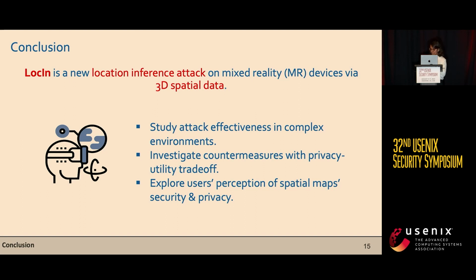We also investigated adding carefully designed noise to the spatial map to avoid leaking any sensitive information. However, such noise also reduces the accuracy for legitimate applications. So going forward, we will be looking into investigating countermeasures that keep the privacy-utility trade-off in mind and also explore users' perception of the risk associated with such spatial maps.